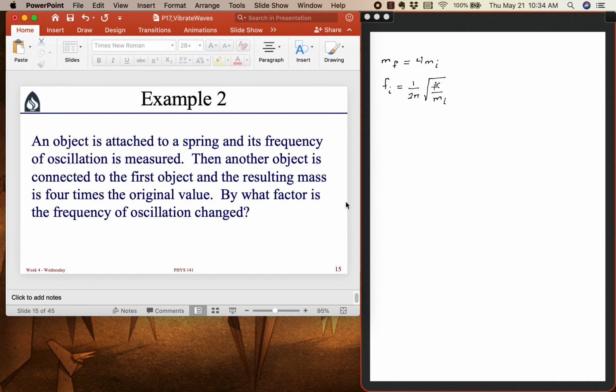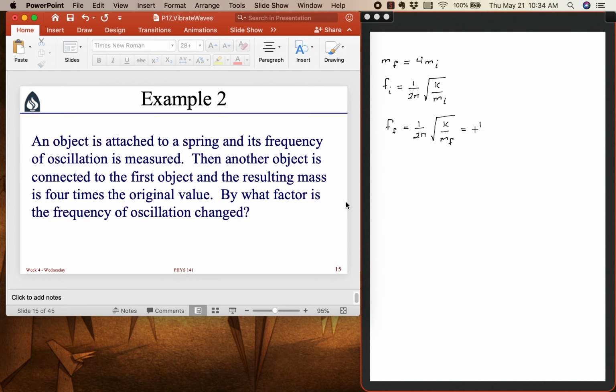So this is the equation that we saw on the previous slide where you can use mass to figure out the frequency of oscillation. So likewise, the final frequency is going to be equal to 1 over 2 pi times the square root of k over m final.